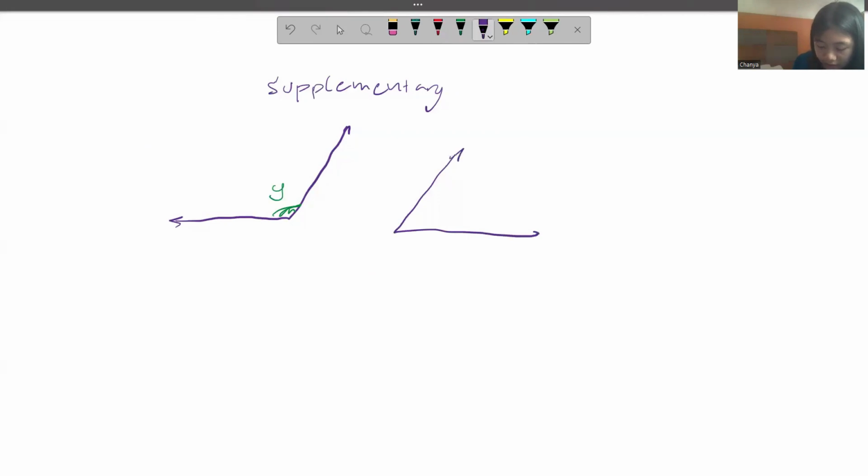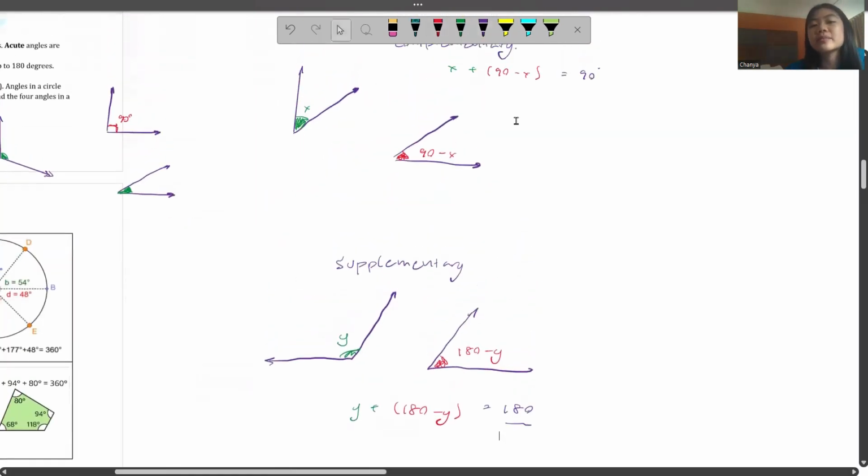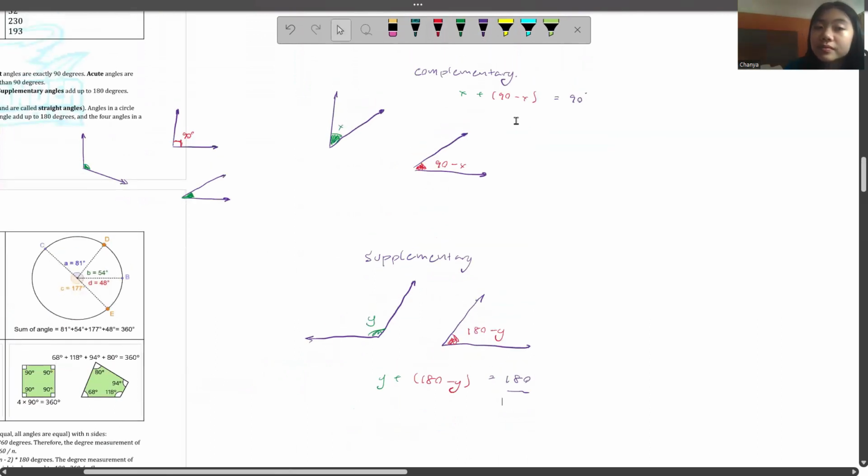Another angle here. Let's call this angle 180 minus y. So when you add the measures of these angles together, you get 180 degrees. And therefore, these angles are supplementary because their measures add up to 180 degrees. So I'll let you get a good look at what complementary and supplementary is.